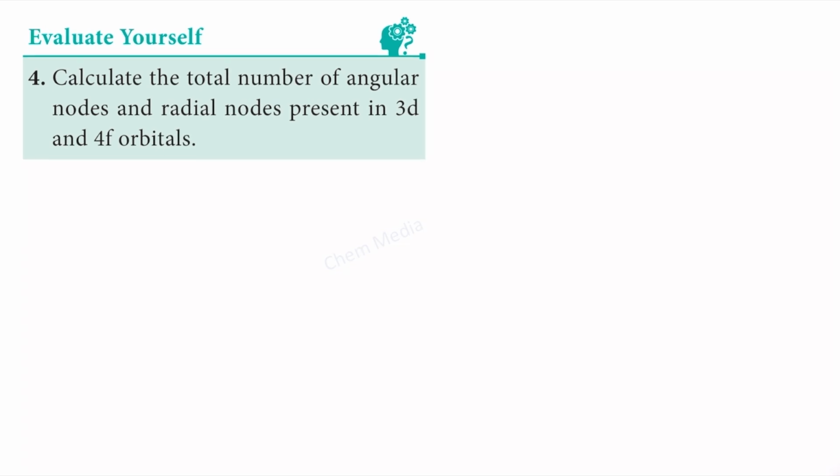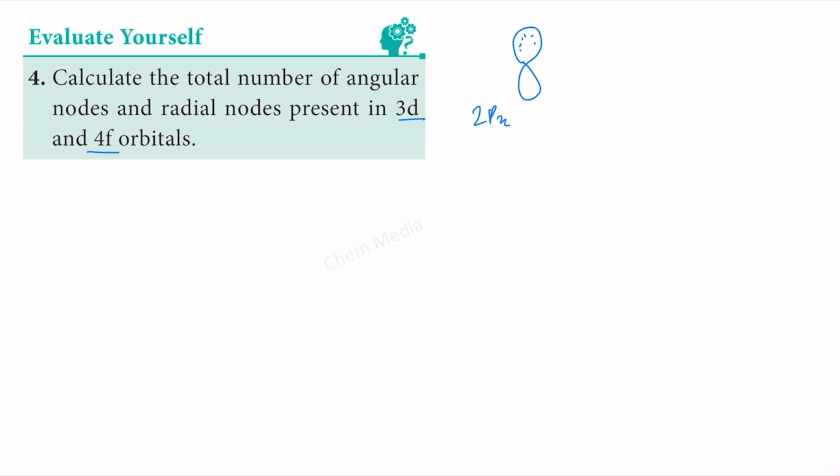Calculate the total number of angular nodes and radial nodes present in 3d and 4f orbitals. First of all, what is a node? The region where the probability of finding the electron is 0. For example, let us say we have a 2px orbital.